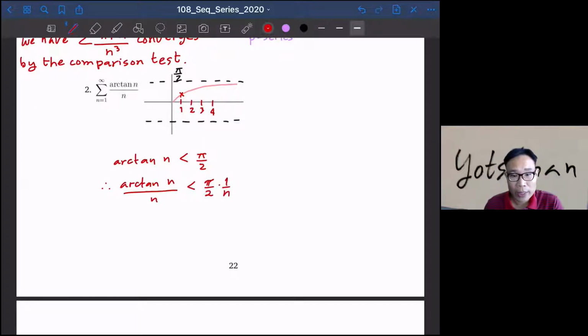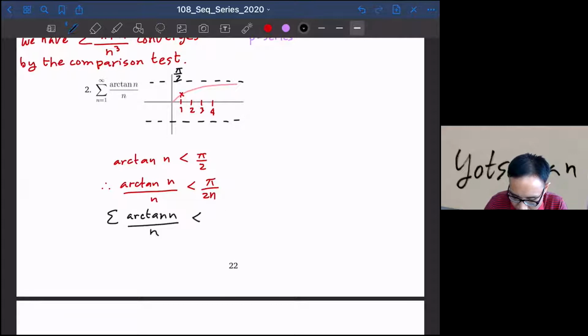You may be confused, let me write this way: pi over 2n instead. And you get the series arctan n over n smaller than the series pi over 2n. For this series, you can move pi over 2 out, so it's pi over 2 times the series 1 over n.